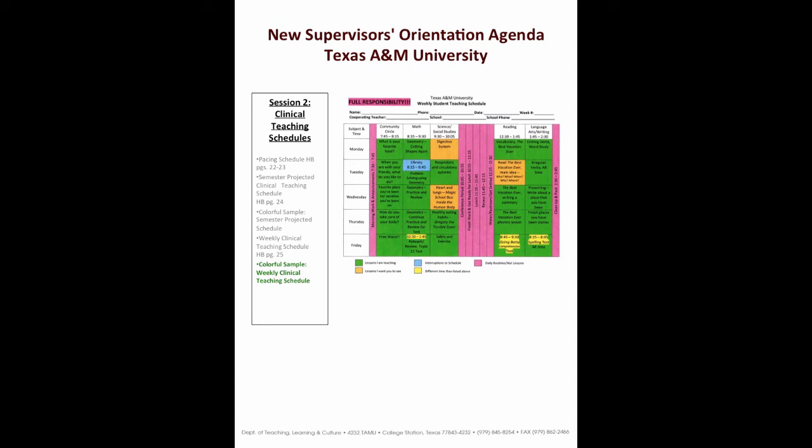In summary, I have my clinical teachers highlight 3 things on their weekly schedules. First, they highlight lessons that they think would be good for me to observe. Second, in a different color, they highlight anything that interrupts the normal schedule, such as library counselors, assembly, grade level testing, district testing, etc. This ensures that the interruption to the normal schedule just sort of jumps out at me.